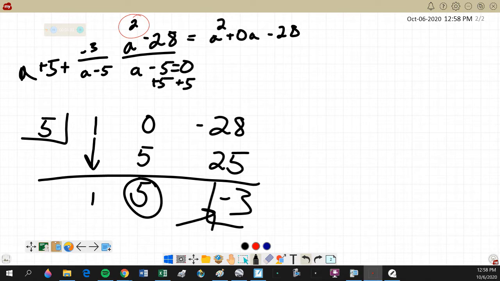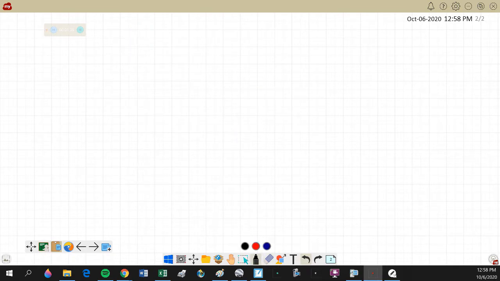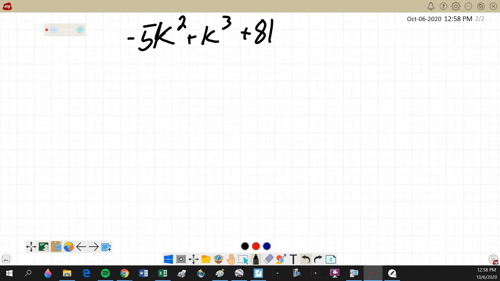All right, look at number 18. So 18 says -5k squared plus k to the third, plus 8k plus 4 divided by -1 plus k.